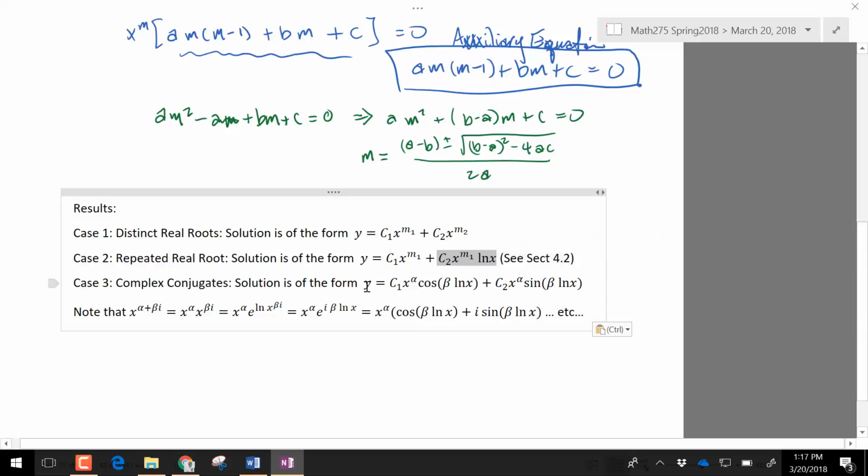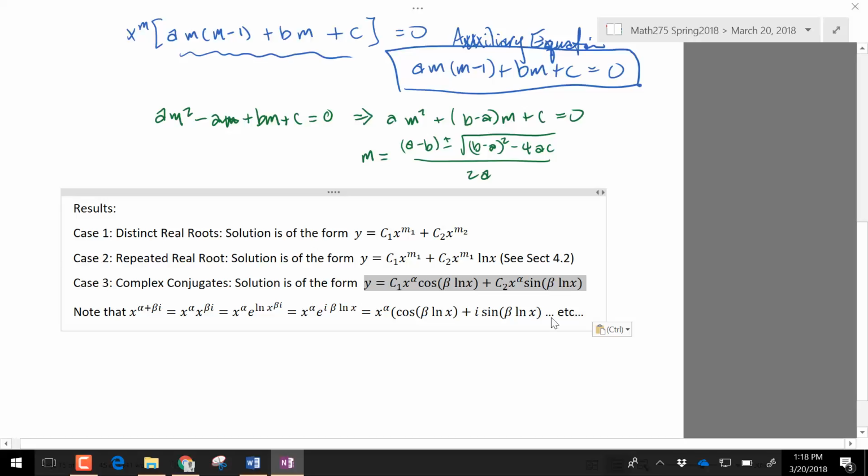Now, if you think that was weird, if you have complex conjugates, then your complex conjugates are going to be some alpha plus or minus some beta times i. And so it's going to be x to the alpha times x to the i beta.